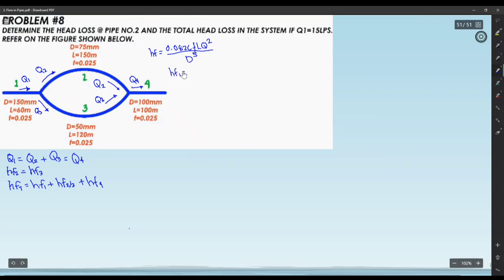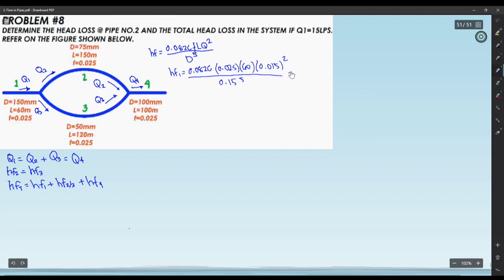So hf1 is equal to 0.0826 times the friction factor na 0.025, times the length of the pipe na 60, and then multiplied by the flow rate, so that is 15 liters per second. I-convert natin siya to cubic meters per second, or just divide by 1,000, so that is 0.015, squared, all over d raised to 5, or 150 mm, which is equivalent to 0.15 meter raised to 5.